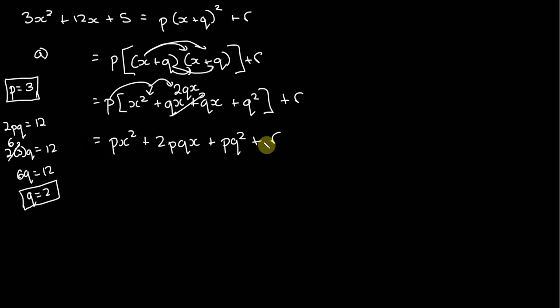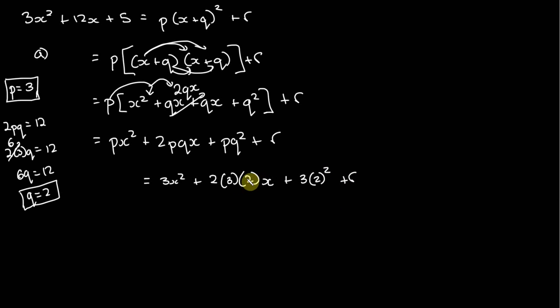So now we need to find r. One might be inclined to say, let's just insert the value of p into this equation right here. So we'd have 3x squared plus 2 times 3 times 2x plus pq squared, so 3 times 2 squared plus r.